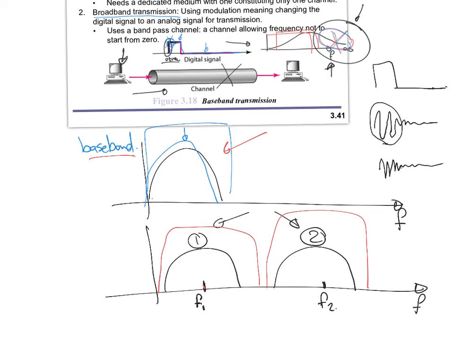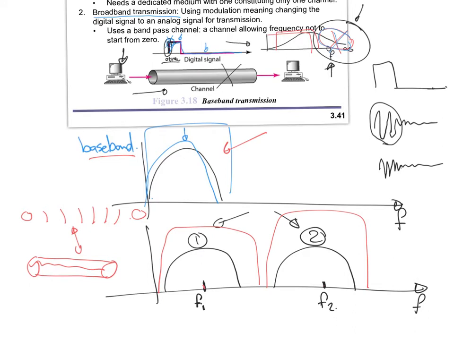Okay, that's a good question. If you have a transmission medium like this, and you have some transmission going on, and at the same time you have two users exchanging some wireless transmission, is there any kind of interference or overlap between the two?